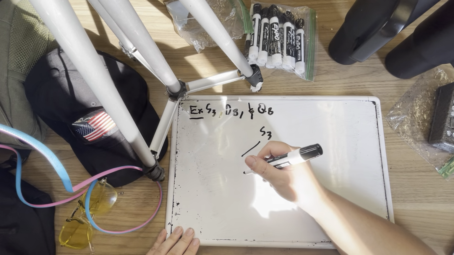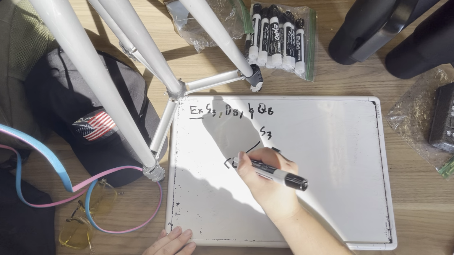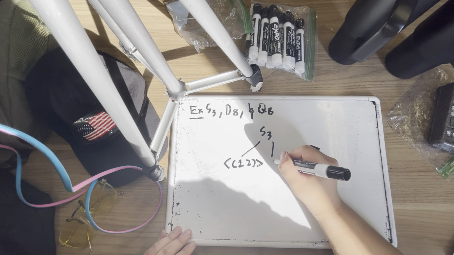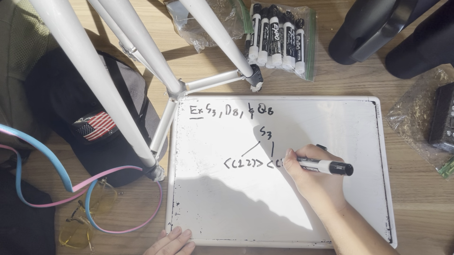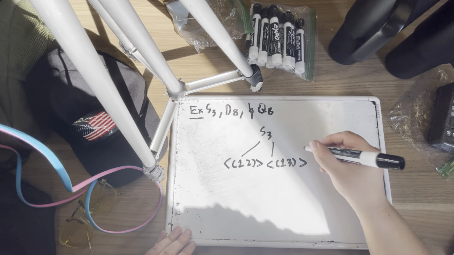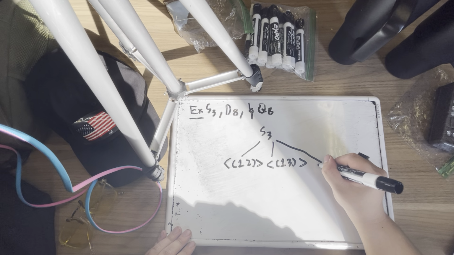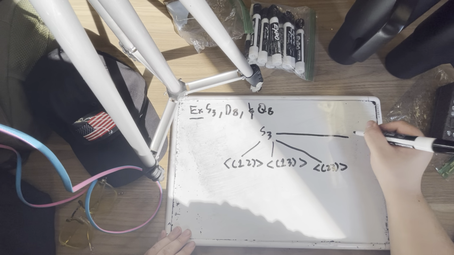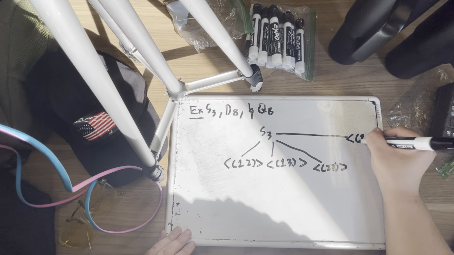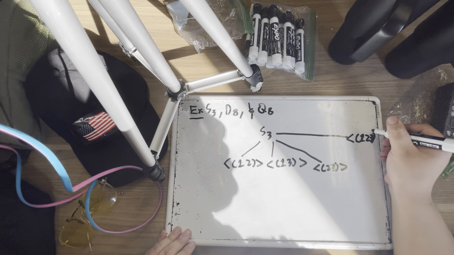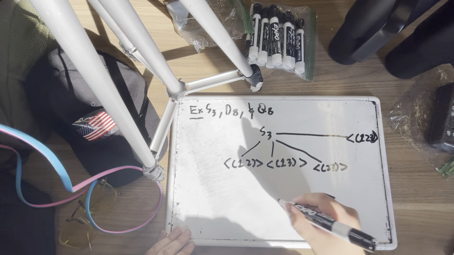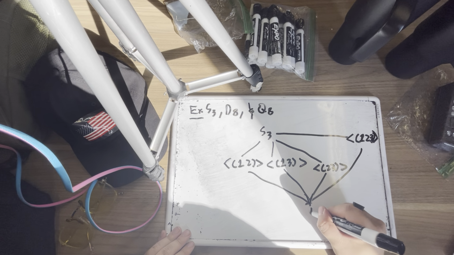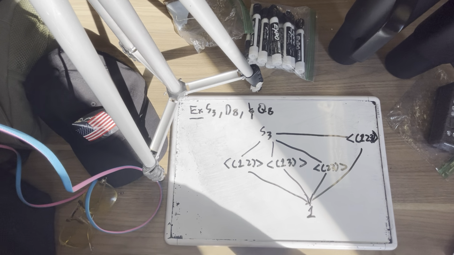So that generated by the cycle (1 2), then that generated by (1 3), that generated by (2 3), and that generated by (1 2 3). Right? And all of these have their own line to the identity.